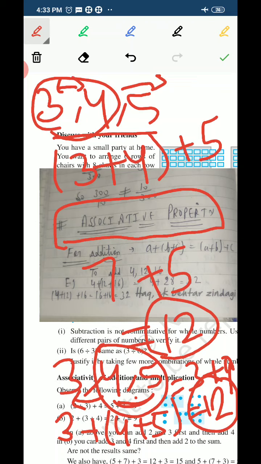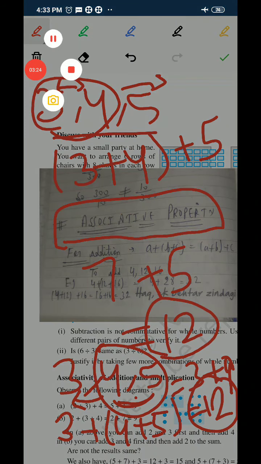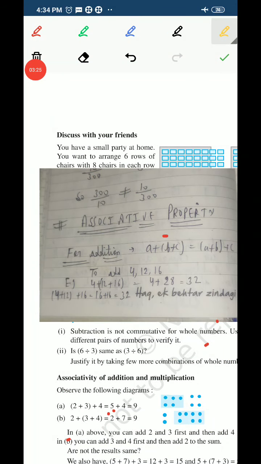Maybe some of you have understood this well, but maybe some of you are confused. So let's clear this confusion with one more example. Let's take numbers 9, 10 and 11. We can associate them in two ways.